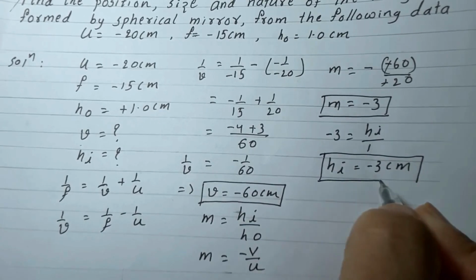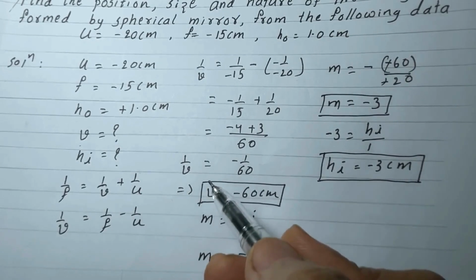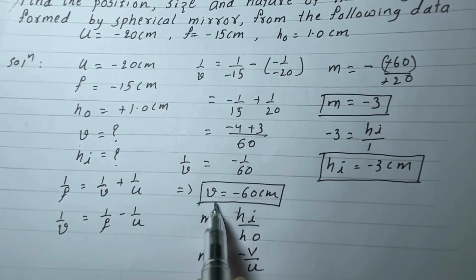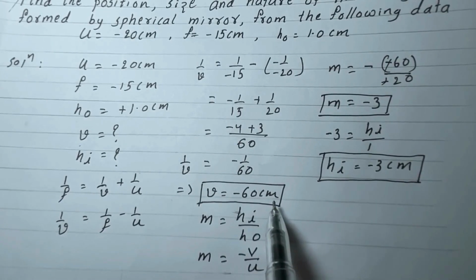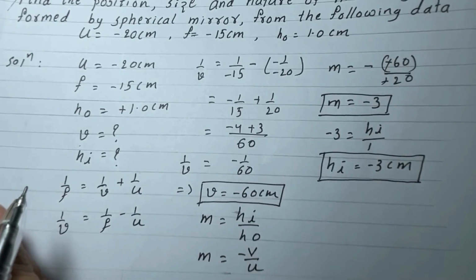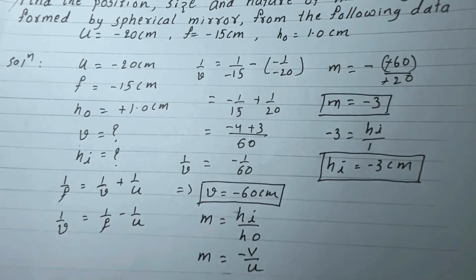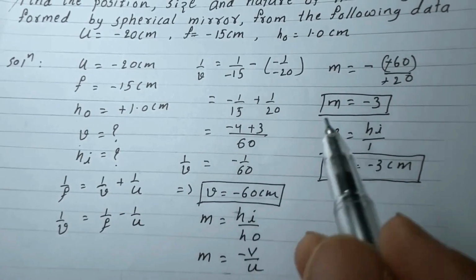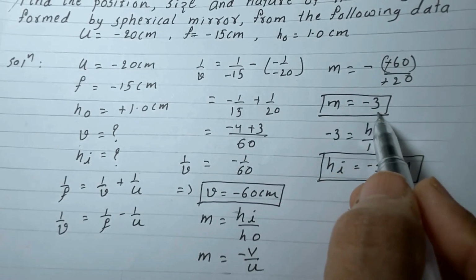Now, let us discuss the nature of the image. First we see here we got the v value as negative, minus 60 centimeters. That means the image has formed on the same side as the object, 60 centimeters from the pole of the mirror, and magnification is equal to minus 3.